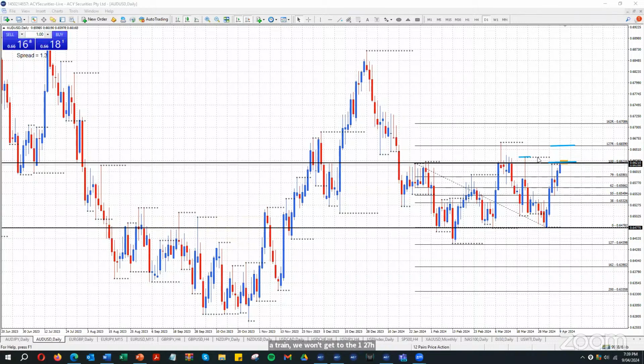We might come up and test this area, but that wouldn't stop you out. And then you're targeting down here. Same thing when you were down here. If you thought this was a range, you could have been a buyer here. Stop at the 127. And this is where you take your profit right now. All right, so the big question is, are we at the top of the range to move back down?